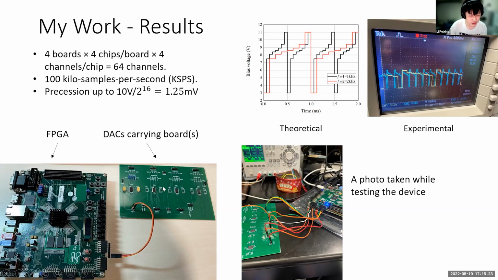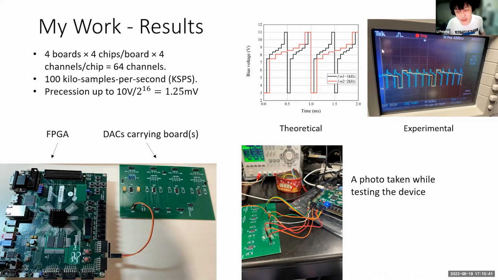The pictures below show a simple setup of the circuits, and some cables are not shown here. On the left is the FPGA board, and on the right is the DAC board. And here is a photo of the experiment where we are testing the devices.